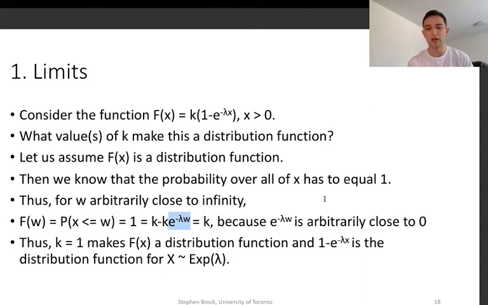So e to the negative lambda w is going to be arbitrarily close to 0. And since it's close enough to 0 for all intents and purposes, that just becomes 0 and k equals 1. So thus k equals 1 makes f of x a distribution function, and 1 minus e to the negative lambda x is actually the distribution function for X being an exponential random variable with rate lambda.